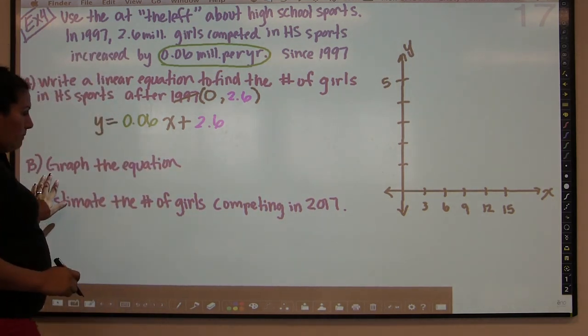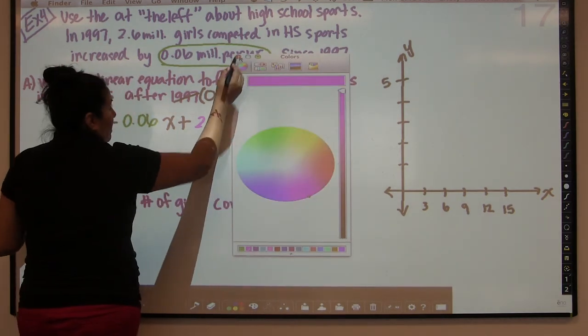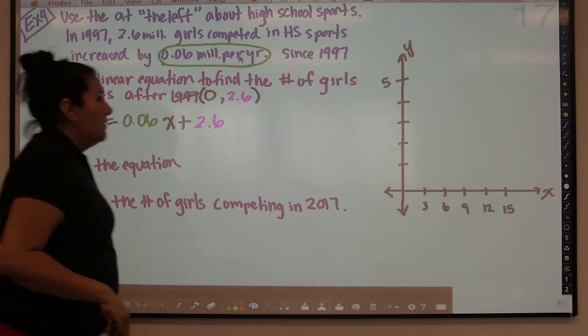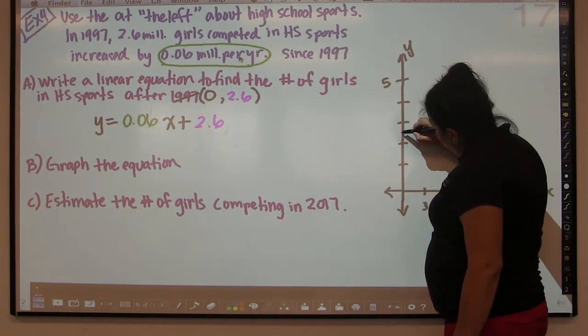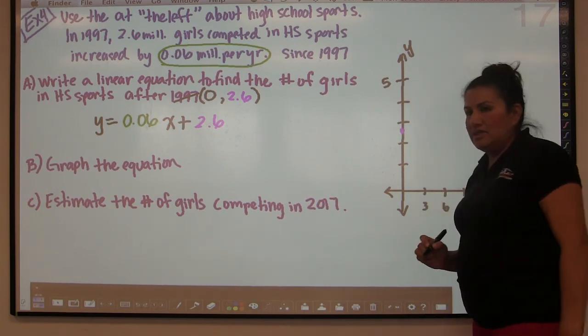And now in part B, they want me to graph it. And of course, our graph is going to be a little bit strange because we're not going to have the exact numbers. It's 2.6. It's going to be a little bit more difficult to graph. But here I have my graph, and it's like 1, 2, 2.5 is in the middle, so 2.6 is going to be a little bit higher. So right about there is my y-intercept.